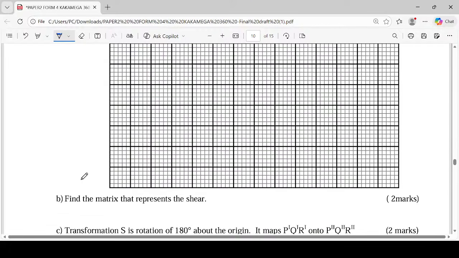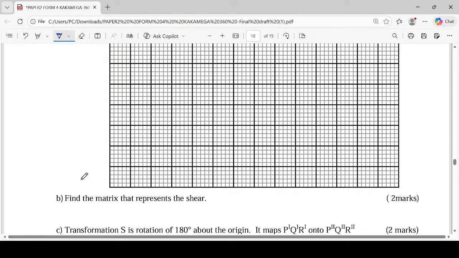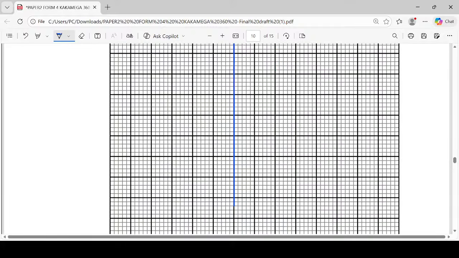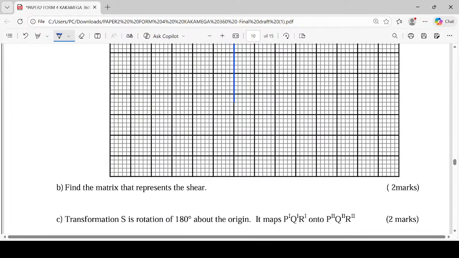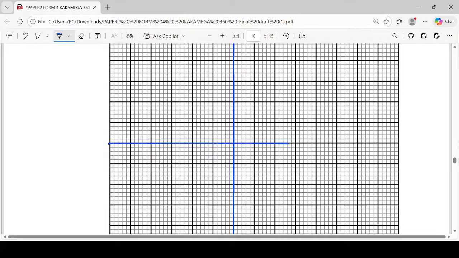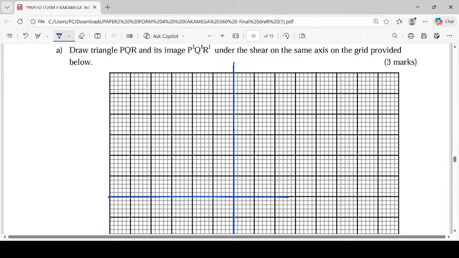So the first thing I'm going to do is draw our Cartesian plane.